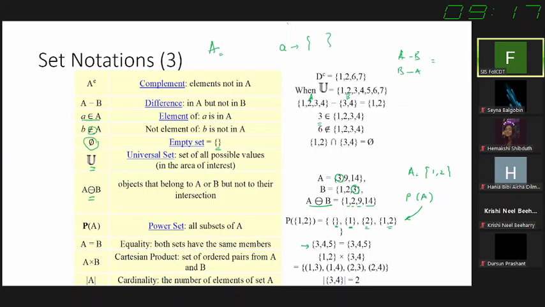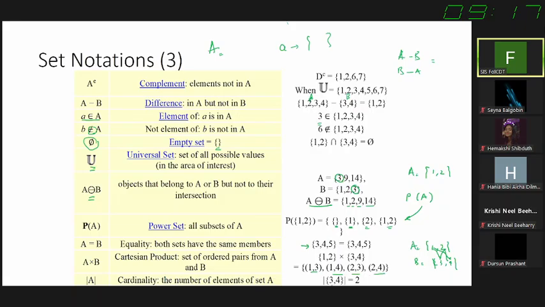Cartesian product: the set of ordered pairs from A and B. So if A is {1, 2} and B is {3, 4}, the Cartesian product would be (1, 3), (1, 4), and then (2, 3) and (2, 4). So all the possible pairs in there.